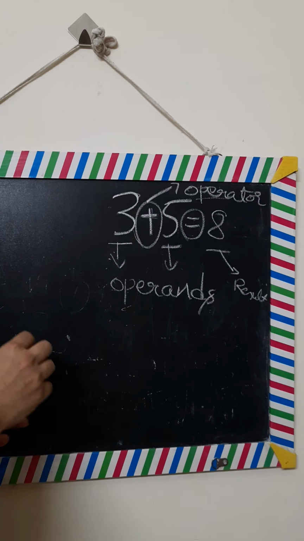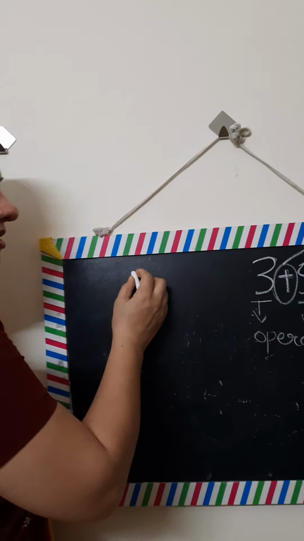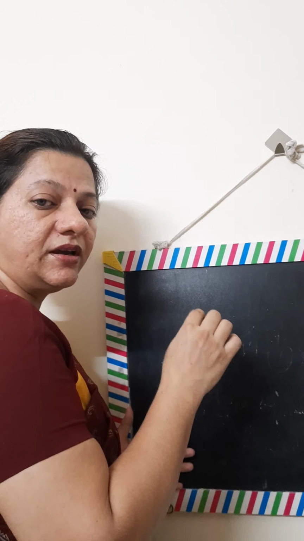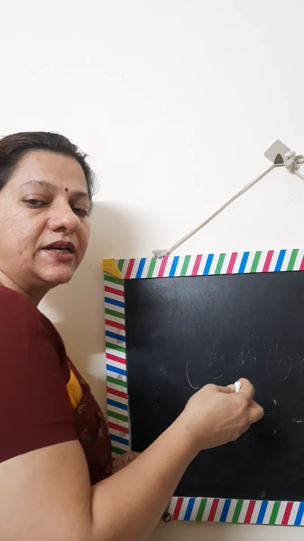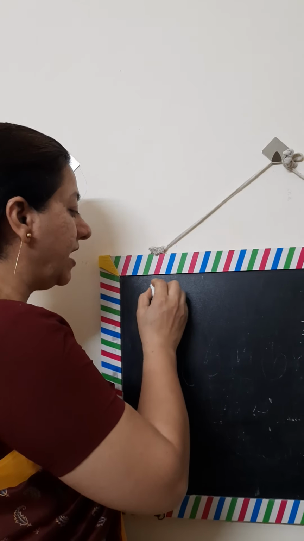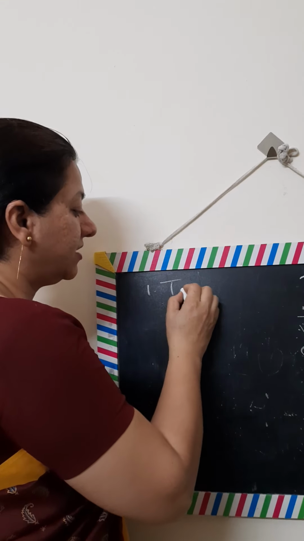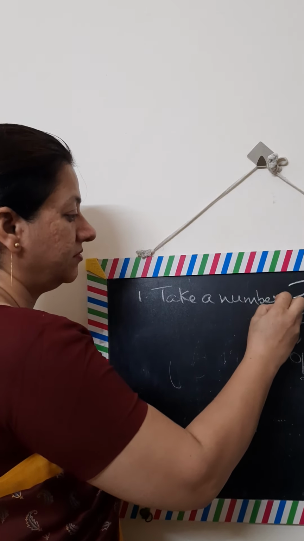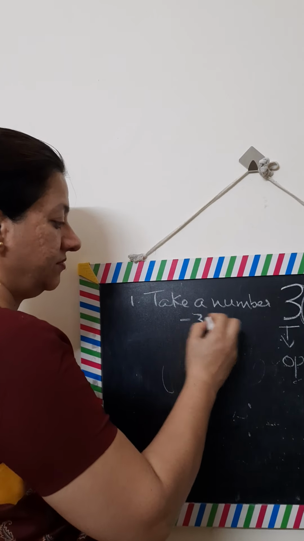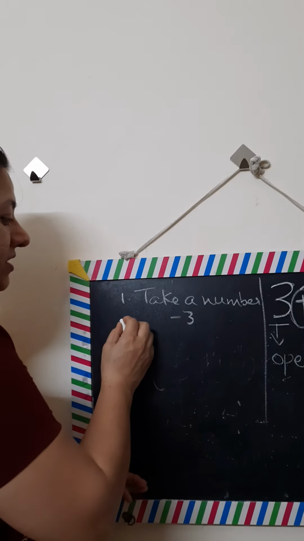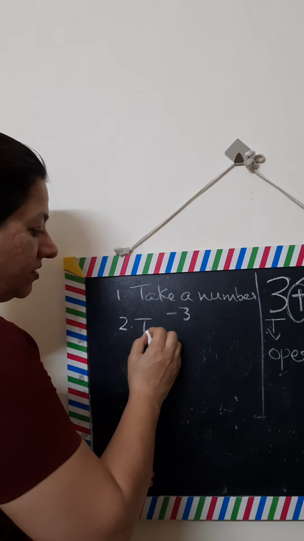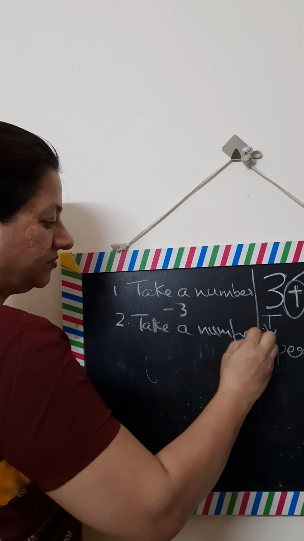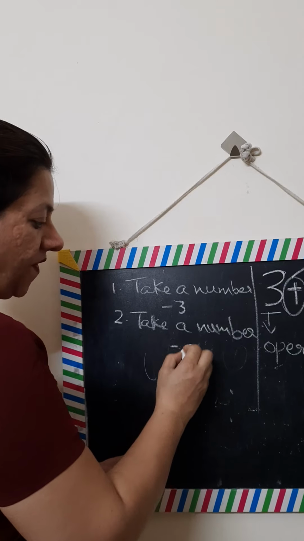Fine. अब अगर algorithm की बात की जाए, algorithm as I told you, it is going to be step by step information or instruction which you are going to give कि क्या करना है. The first instruction I am giving is take a number 3. Okay, my second instruction, take a number 5.